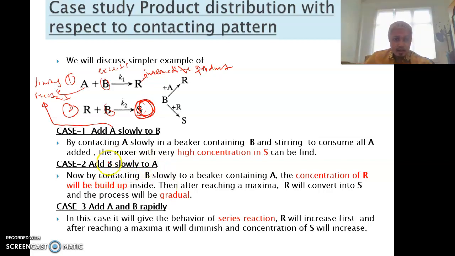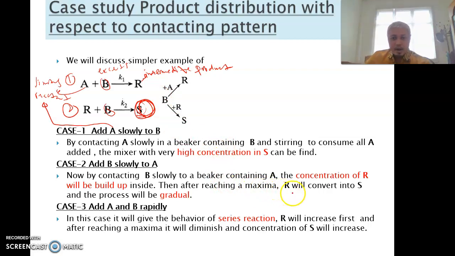B is in excess and A is limited. So when the excess reactant is added to the limited reactant, which is in the beaker, the concentration of R will be built up inside the beaker.